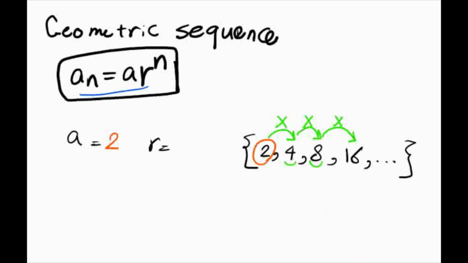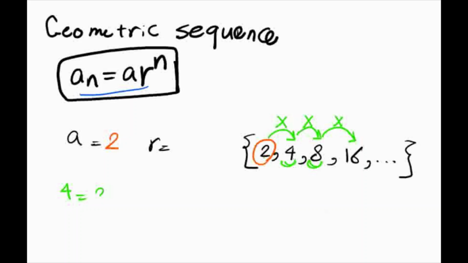Now let's look at a couple of examples here. Let's look at number 4 and number 8 and see if it works inside of our formula or not. So 4 is going to be our first element, so it's going to be A sub 1. Because 2 is going to be element number 0, then 4 is going to be element number 1. So A1 is going to be 4.